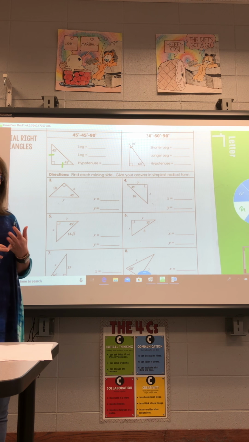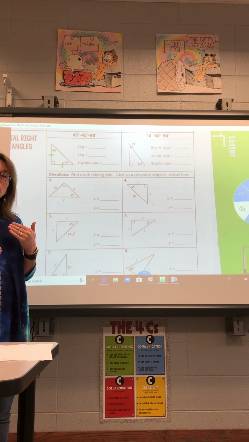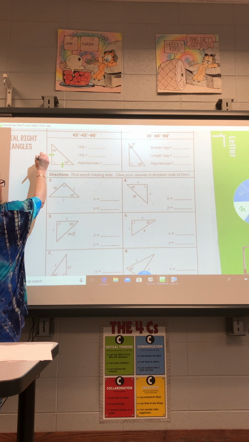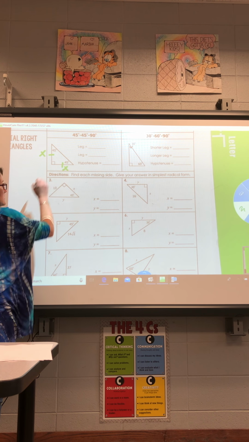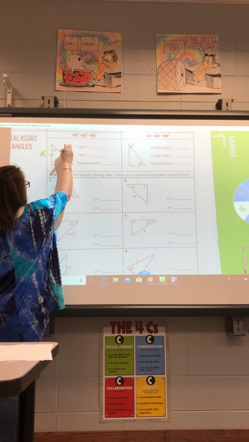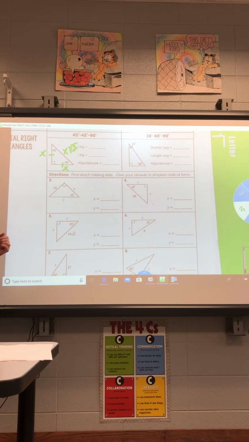Knowing that the hypotenuse has got to be the largest side, and if the two other sides are congruent, what we can do is we can allow these two sides to be x. Now, the special relationship for that is going to be right here. The hypotenuse is x times the square root of 2. And by multiplying x by the square root of 2, that's going to make it larger, okay?